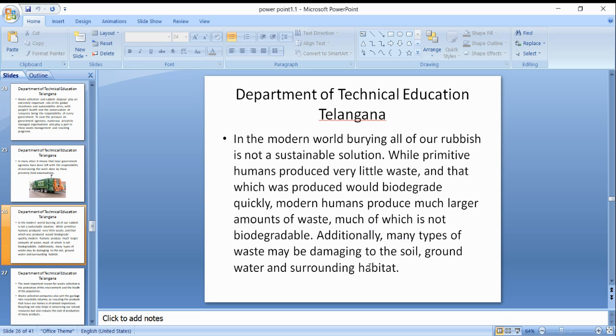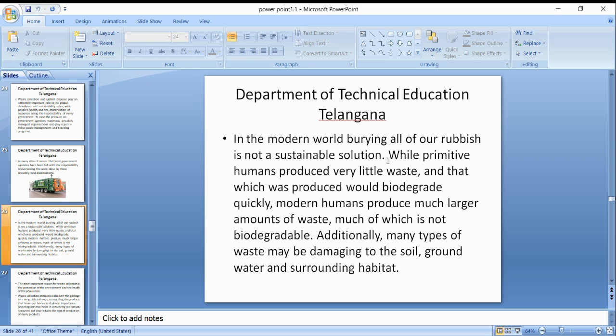In modern cities, burying rubbish is not a sustainable solution. Previously, all the waste was buried at one place and dumped at low-lying areas.